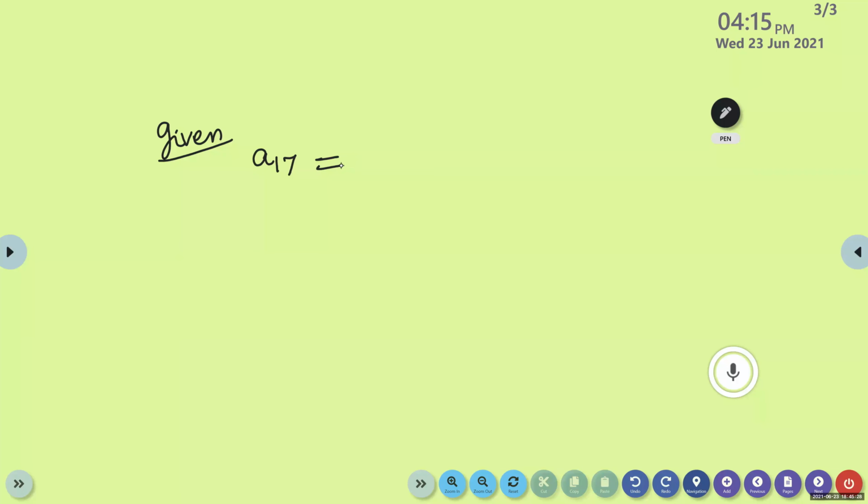Yes, Nirupama, can you try? Can you give the equation? Can you give the relation?